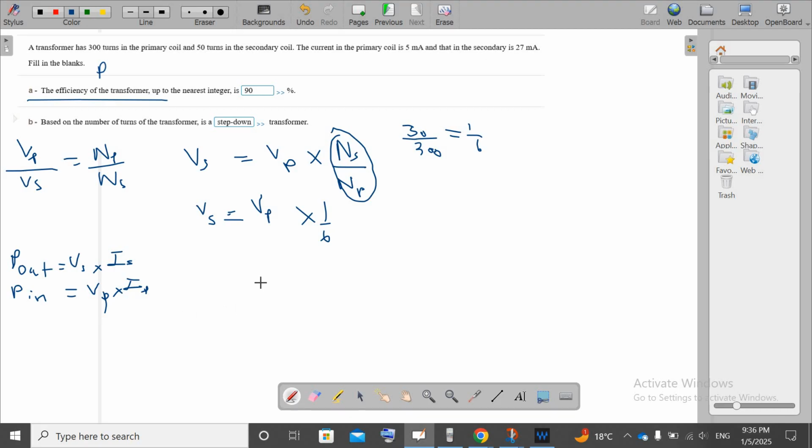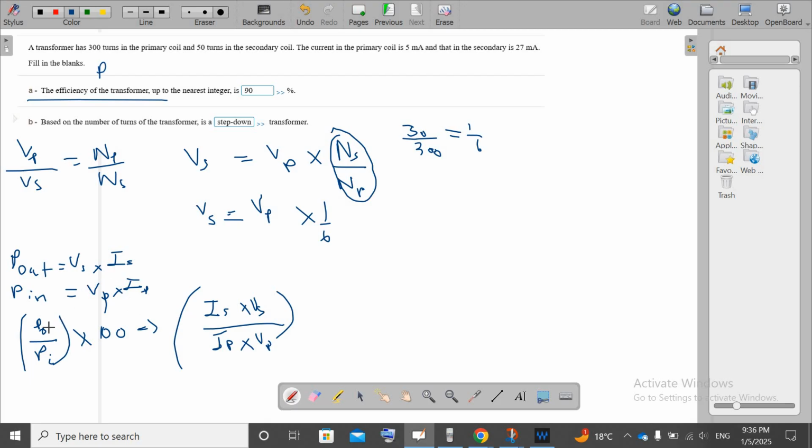So to find the efficiency, as you all know, I do P out over P in times 100. So therefore, it is IS times VS over IP times VP, times 100. I just substituted the values from here into here.